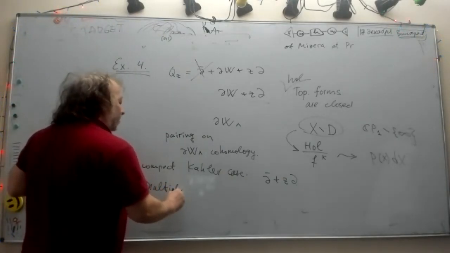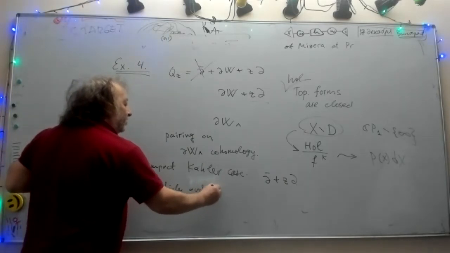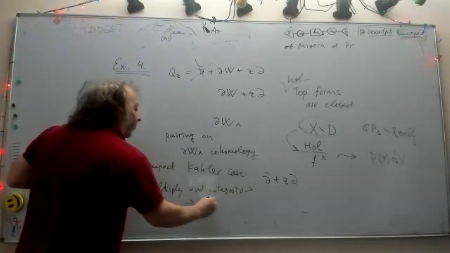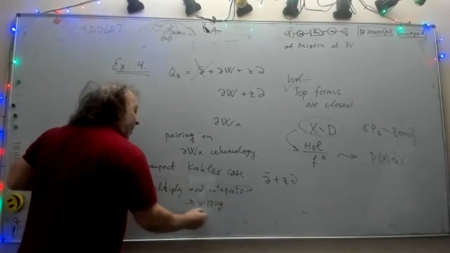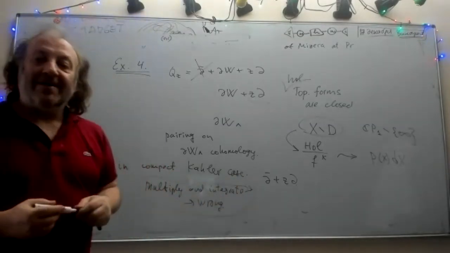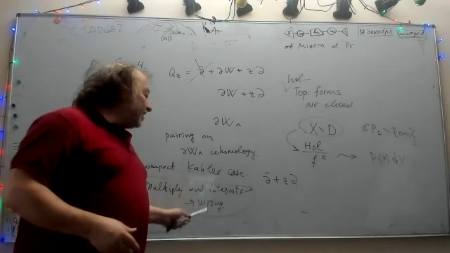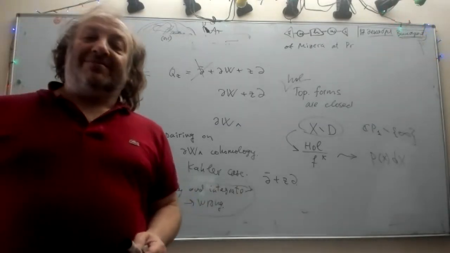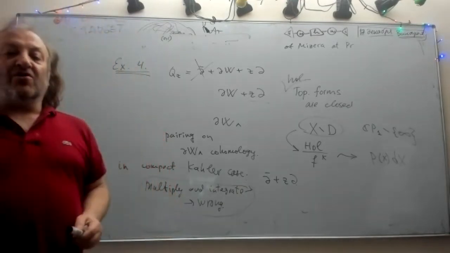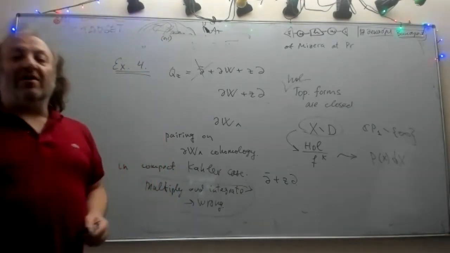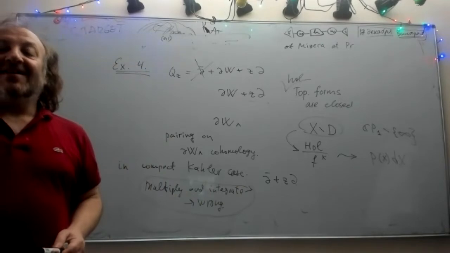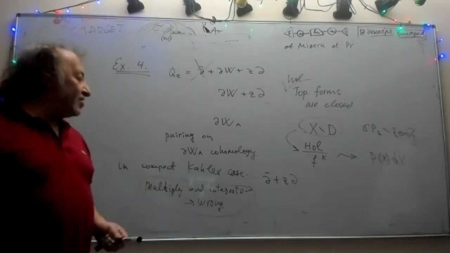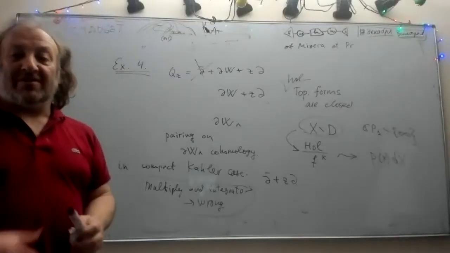But it is wrong. You can define such a multiplication and integration operation, and it would actually work in the compact Kähler case, but it is wrong in general. Let me try to explain to you why this multiplication and integration is wrong in general.